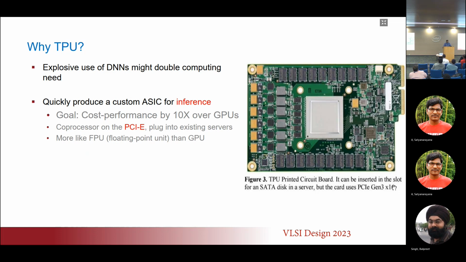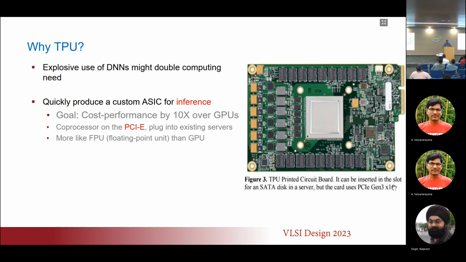Around 2015, they found that their machine learning workload was doubling every 3 to 4 months. Moore's law, the number of transistors, at some point was doubling every 18 months, which doesn't happen anymore.